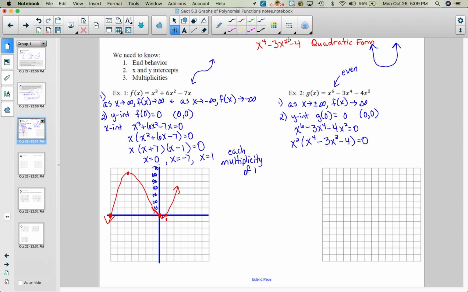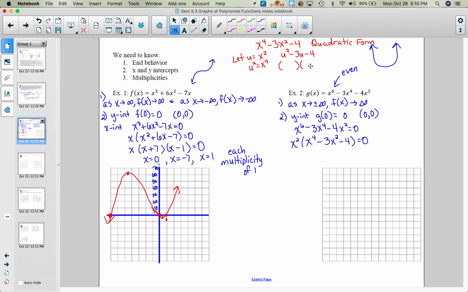Because this is an x squared and this is x to the 4th, notice that the power is twice as big. So this was where we said let u equal x squared, then u squared is x to the 4th. So you can think of this as u squared minus 3u minus 4.